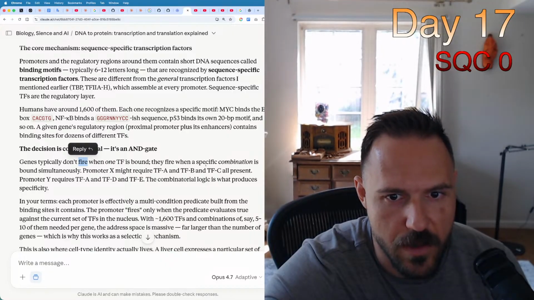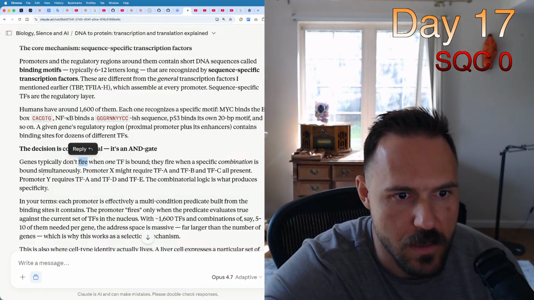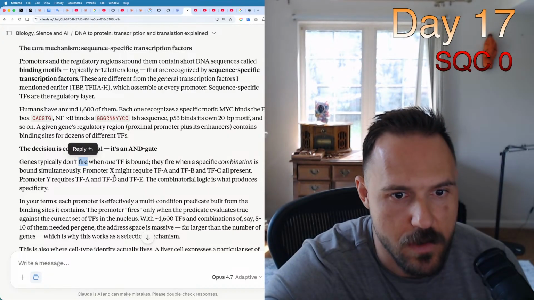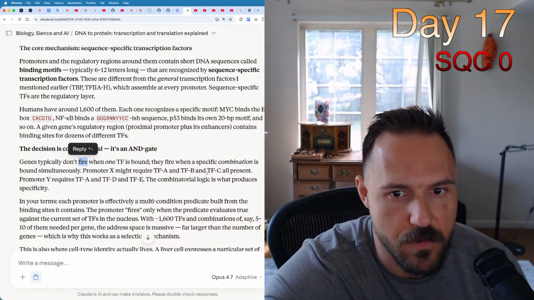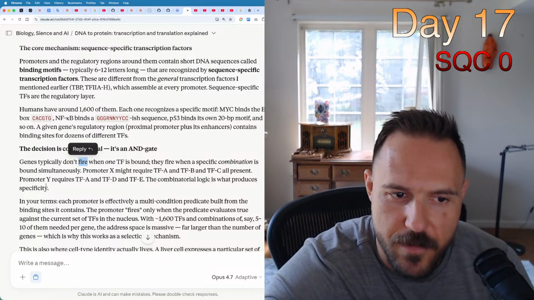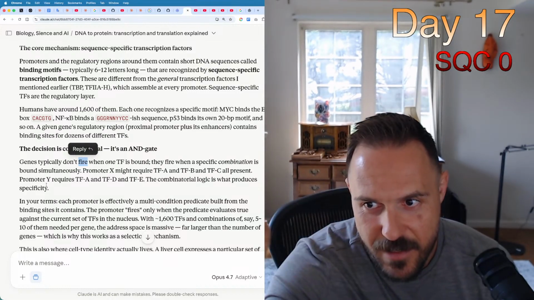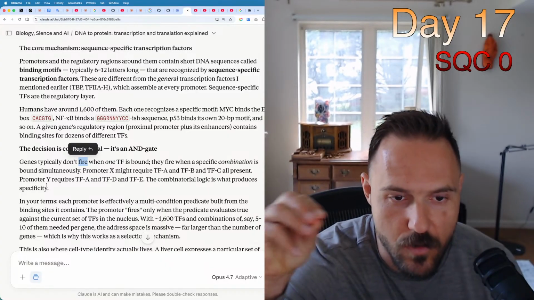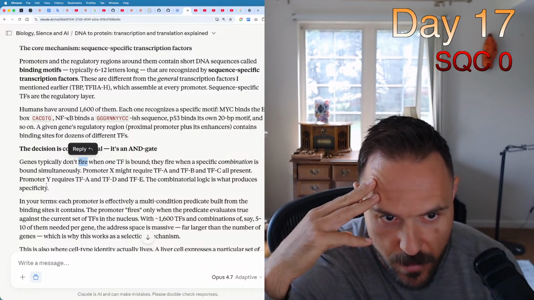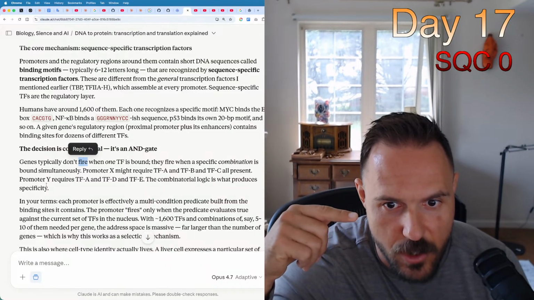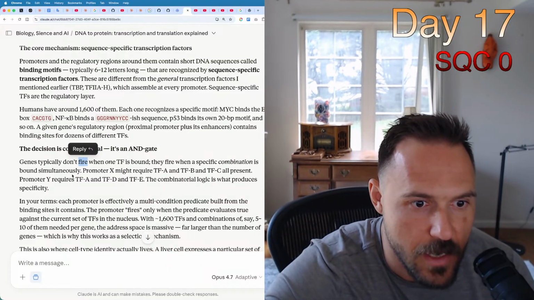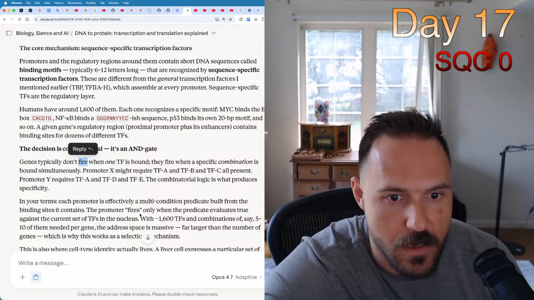They fire when a specific combination is bound simultaneously. Promoter X might require TF presence. Again, they say that this and this should happen, but who controls when this and that happen? The combination logic is what's produced specifically. In your terms, each promoter is.